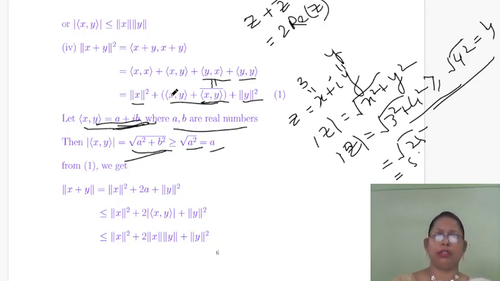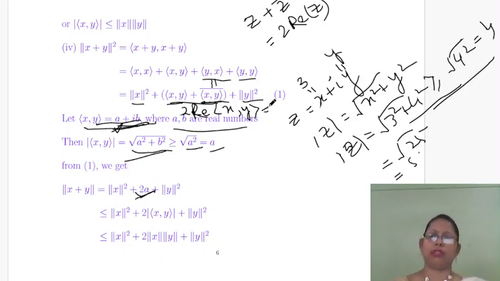Here, this is my complex number and this is its conjugate. So I get twice the real part of the inner product of x comma y, which is twice a.